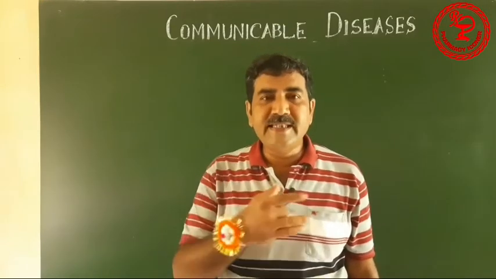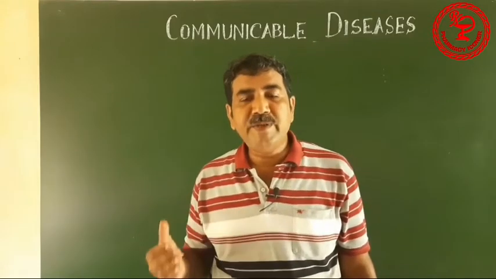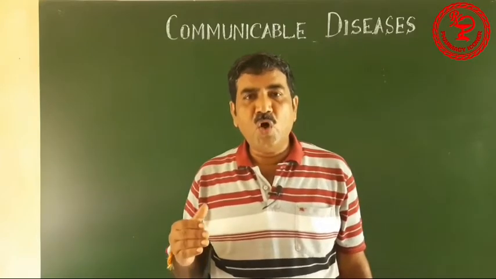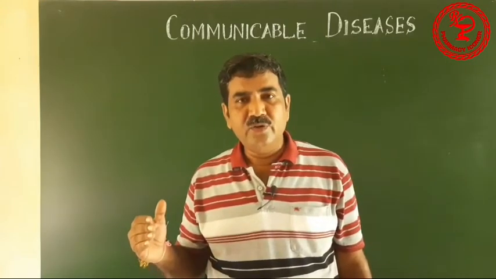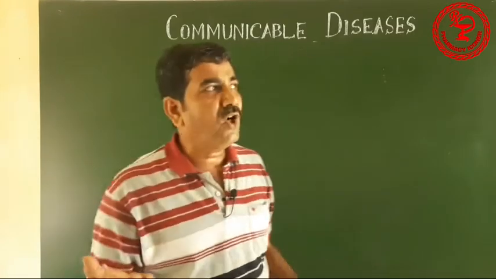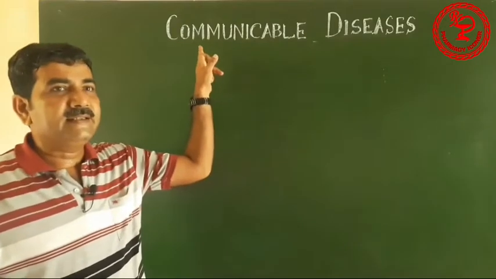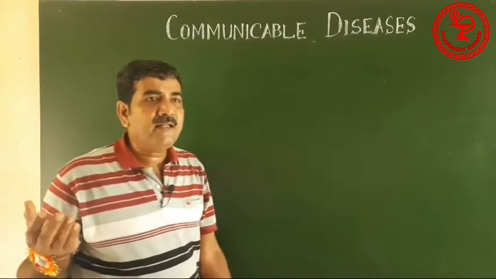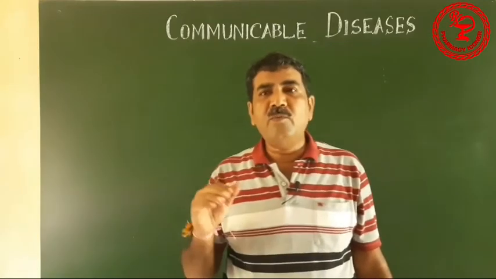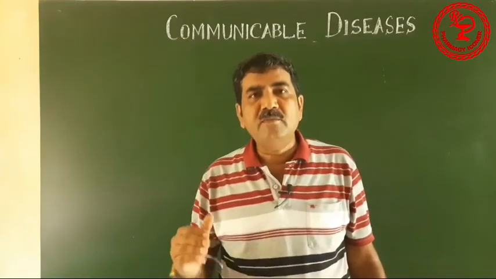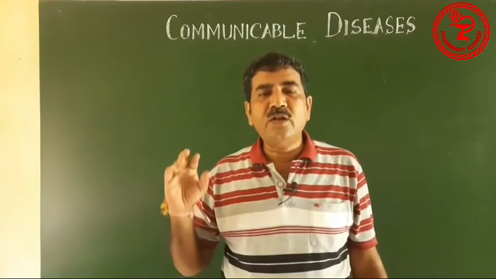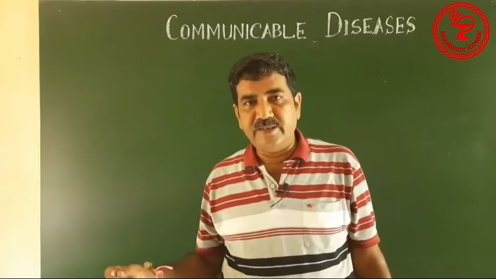However, some diseases are transmitted from one person or animal to another person. These diseases are called communicable diseases, and the agent which is transferred from one person or animal to another is called the causative agent.